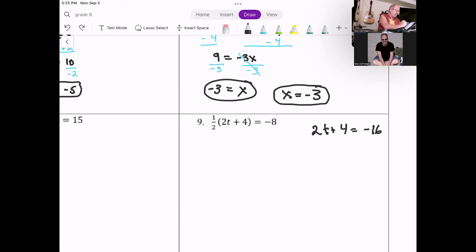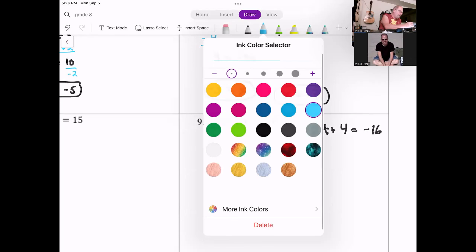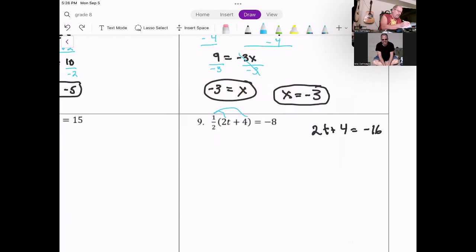But in this case, I notice that it's an easy multiplication to do. If I just distribute this multiplication, it's an easy one to do. 1/2 times 2t is 1t.